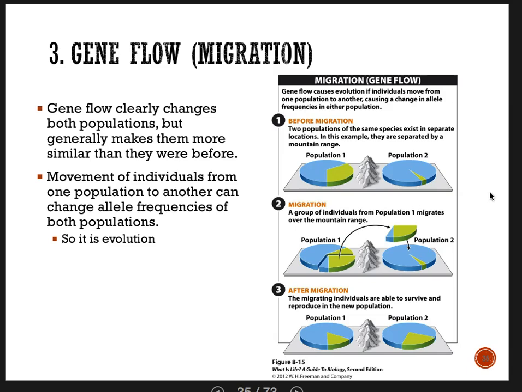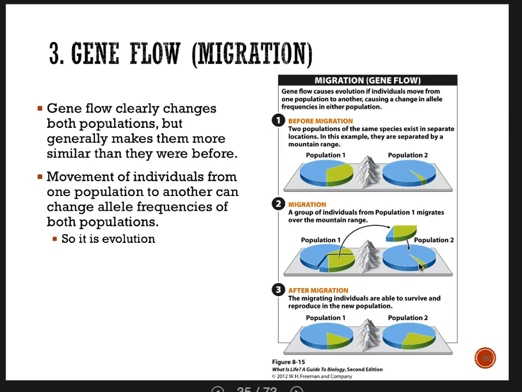It's different from that because here the members that are moving from one population to the next are actually becoming a part of it, integrating into the new population. And so they're becoming all one gene pool. And so what that does is that changes the allele frequency.